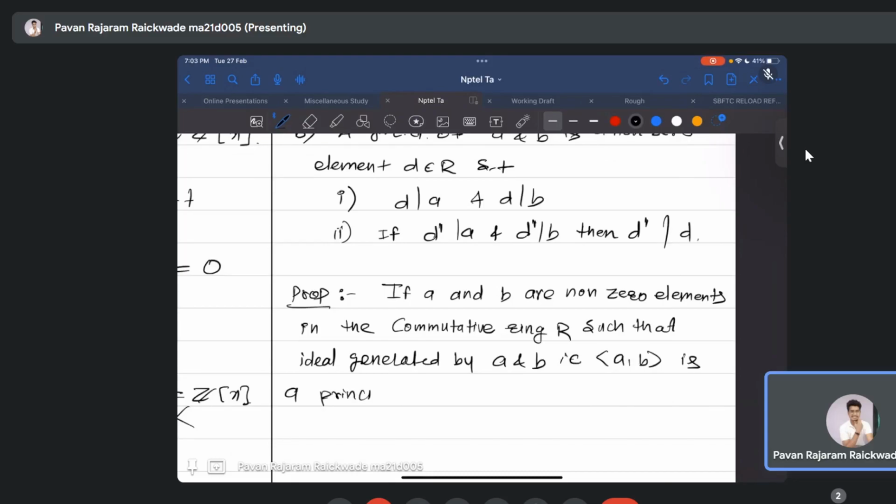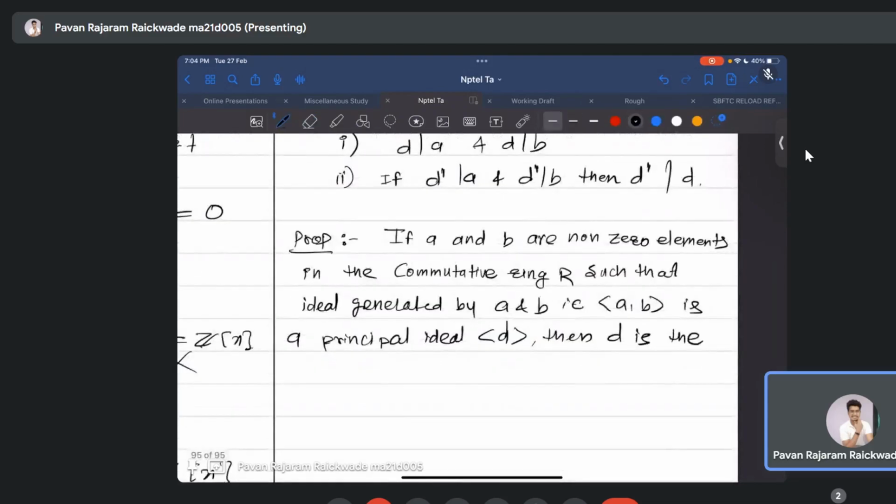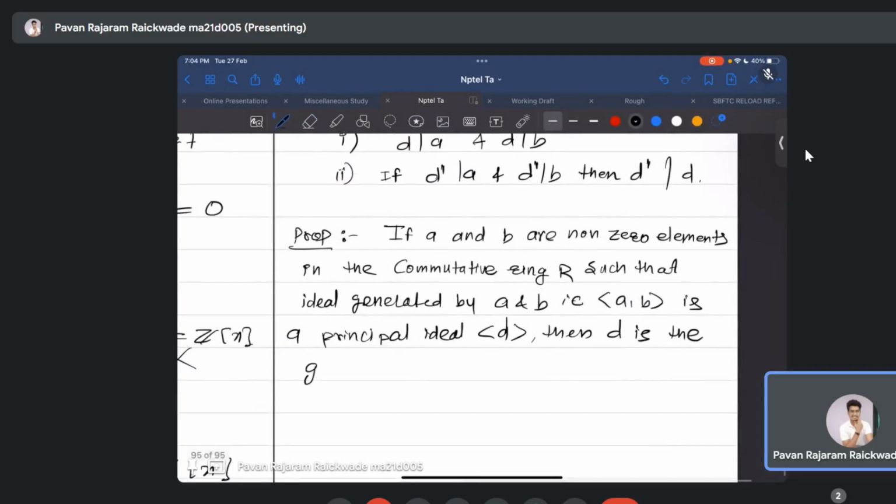First thing is you should have that the ideal generated by two elements is indeed a principal ideal generated by, let's say, d, then the element d is the GCD of a and b.